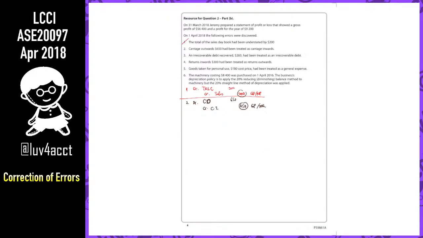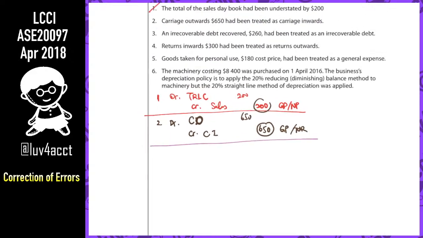Next, item 3. An irrecoverable debt recovered 260 had been treated as an irrecoverable debt. So we put suspense here, take away the irrecoverable debt 260, and then put back irrecoverable debt recovered, with 520 here.